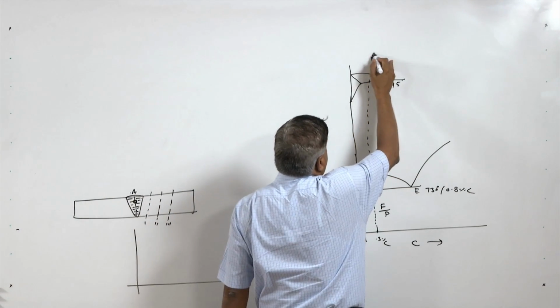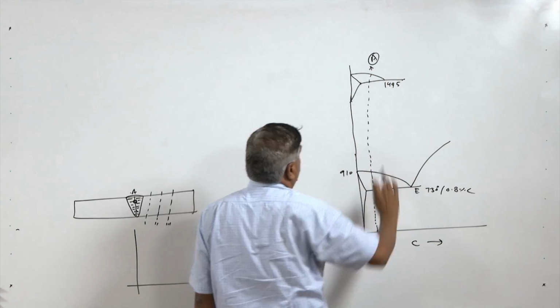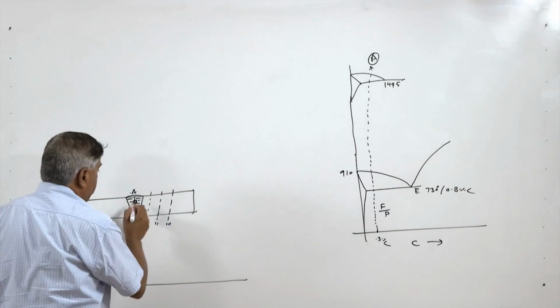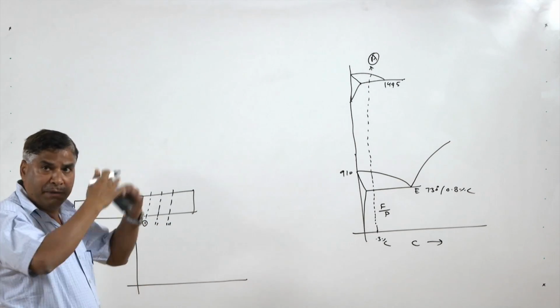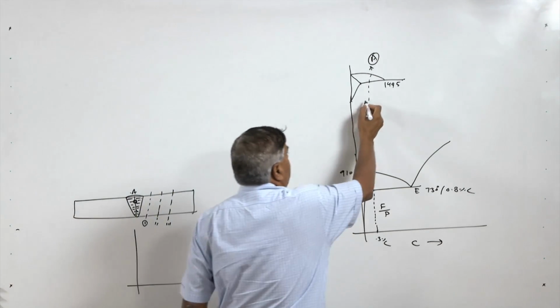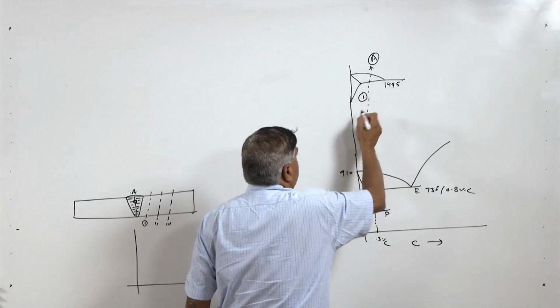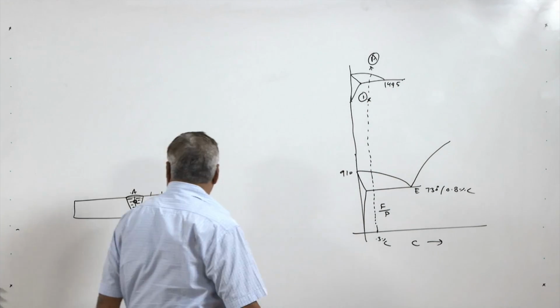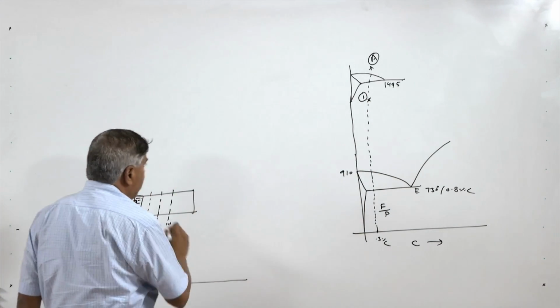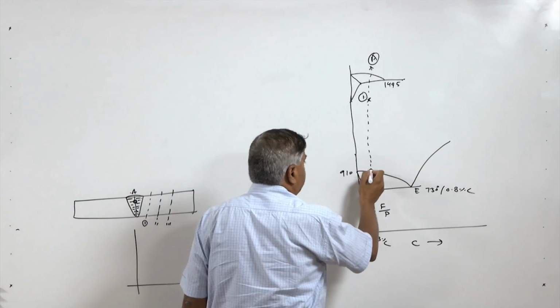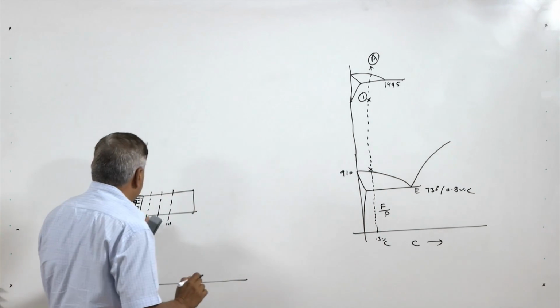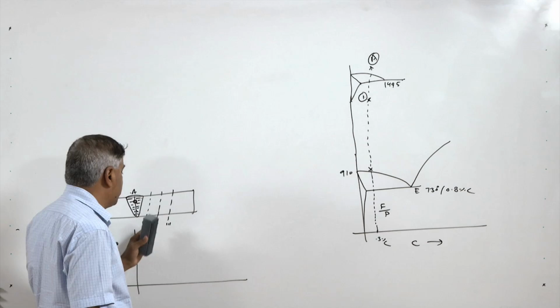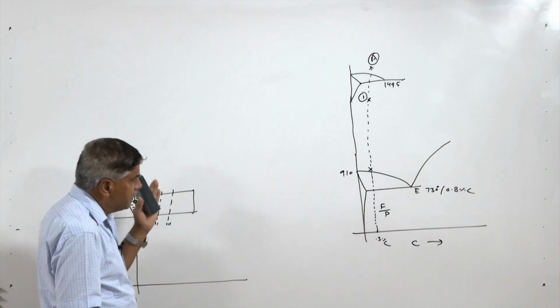So, let us say the point A location is this one, and the point 1 which is very close to the fusion boundary will be experiencing much higher temperature. So, the point 1 is this one. Let us take here, and the point 2 is farther away from the fusion boundary, so it will be experiencing lower temperature.